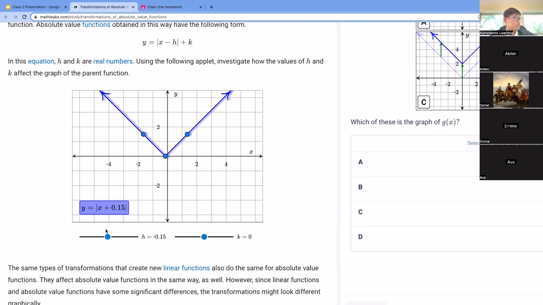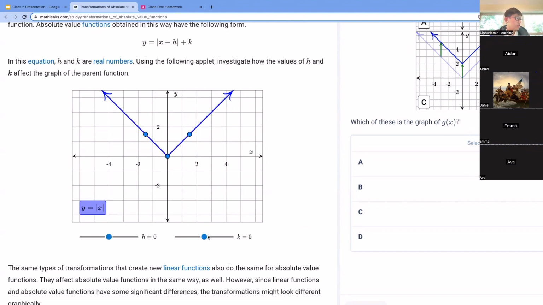Nothing else in the graph changes. The three dots right here do not change. It just shifts the entire function to the right or to the left. Notice that when h is negative, it moves to the left, but it shows up in the equation as positive. So let's put h back to 0.